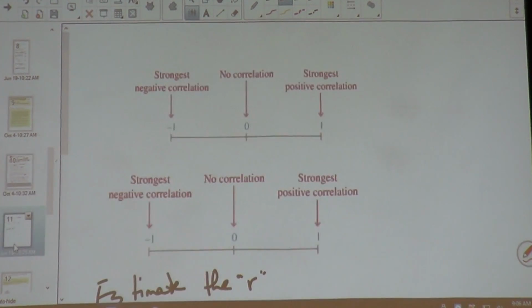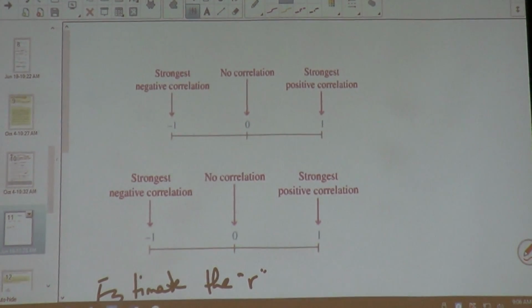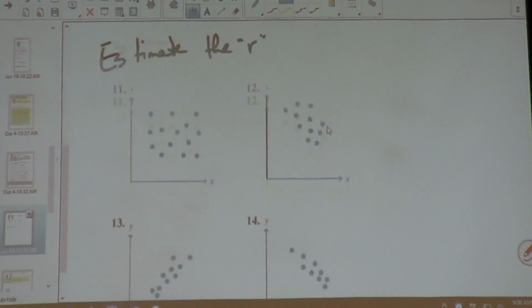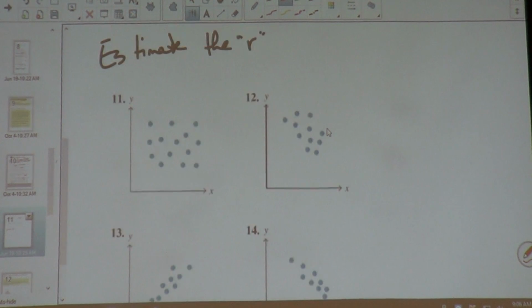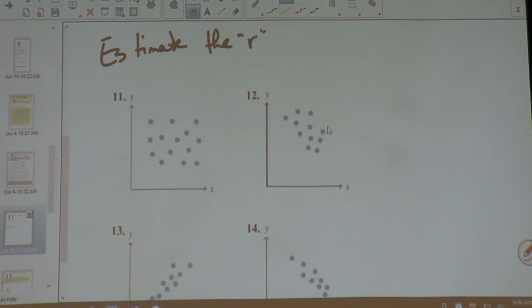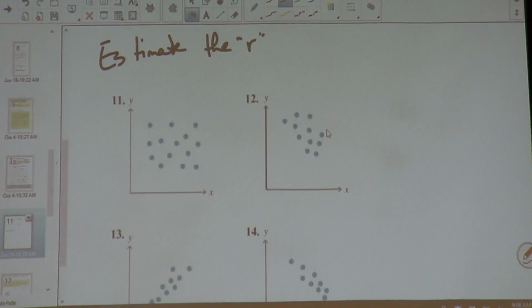All right. Now, we just talked about the R value, correct? Yes. Now, if I gave you these and I said, estimate the R value. For number 11, tell me what you would think the R value would be.